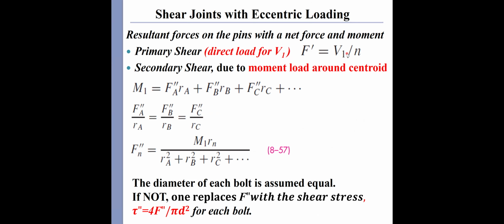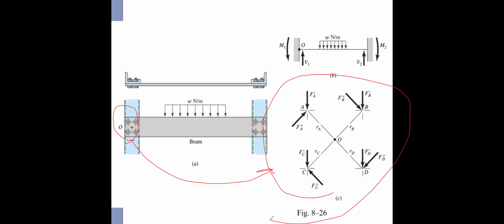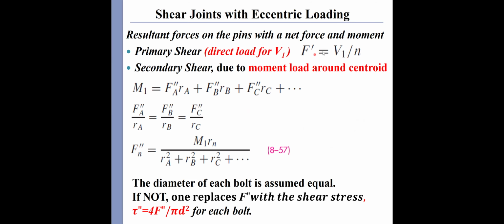How many pins are there in one joint? There are 4 pins. So F prime equals V1 divided by 4.